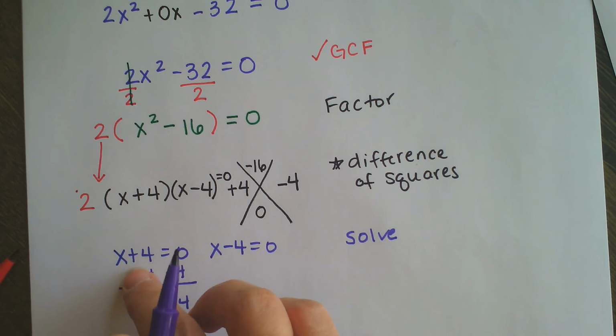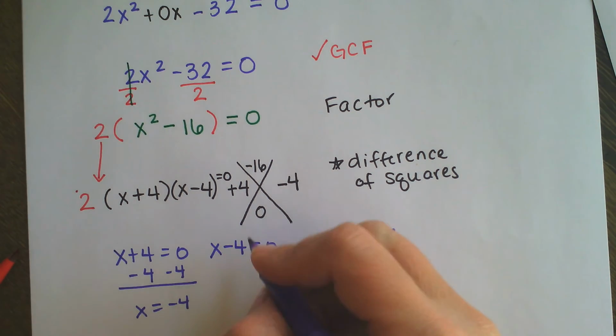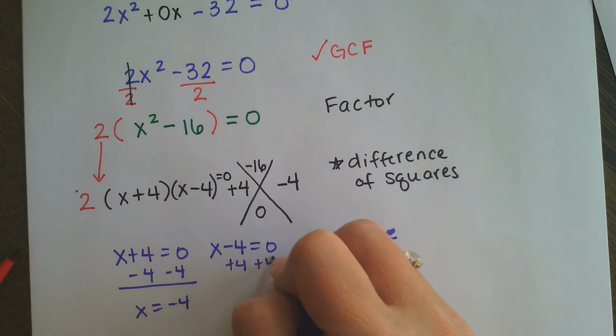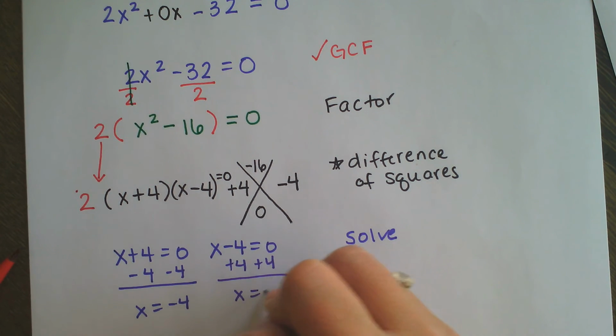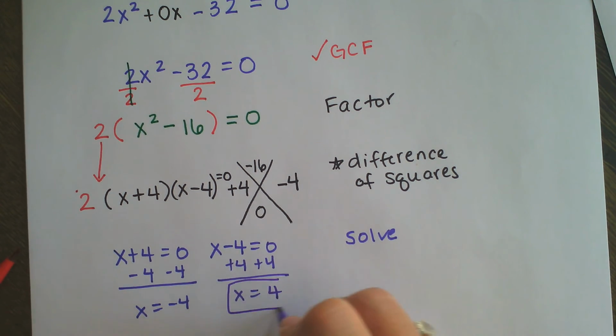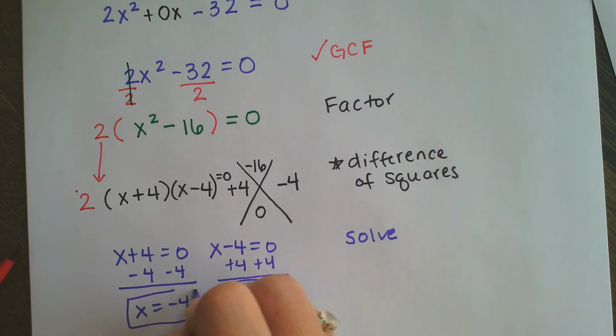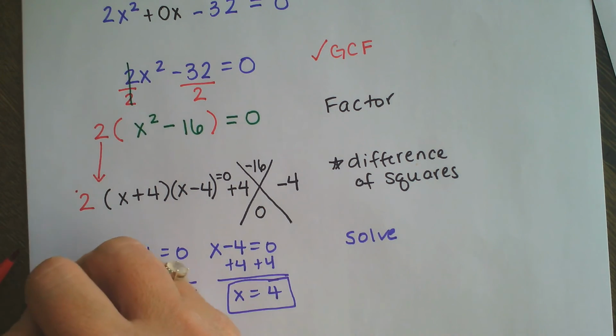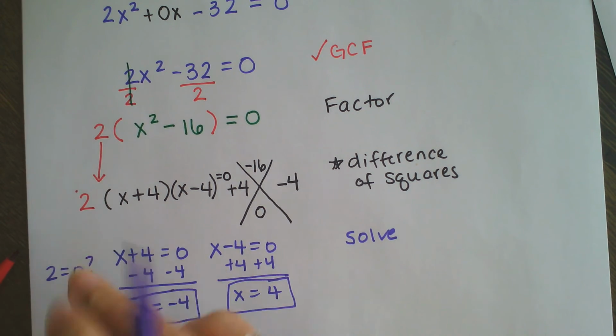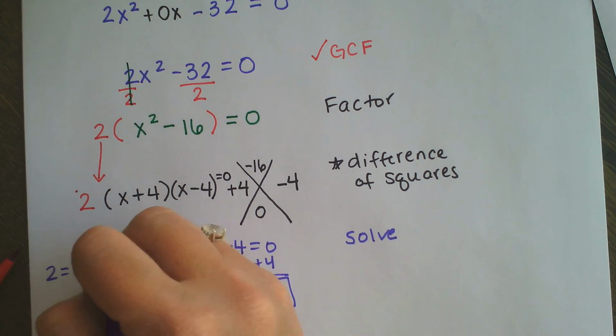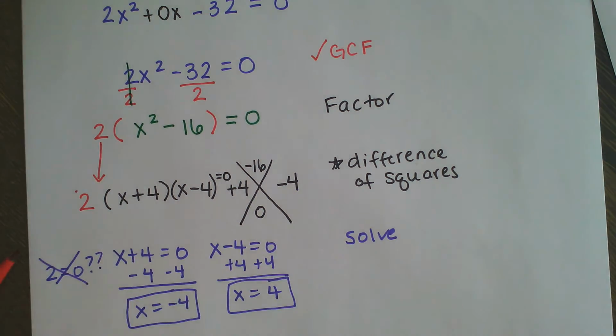But we're switching these signs because we're setting them equal to 0 and doing the opposite operation to get it to the other side of the equal sign. Again, we would not set that GCF equal to 0 and solve because it doesn't have an x. 2 equals 0, well, that's why we just kind of ignore that.